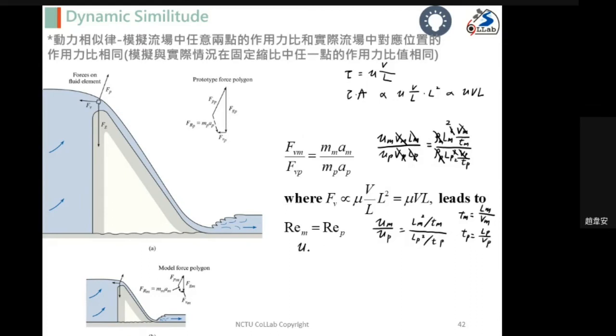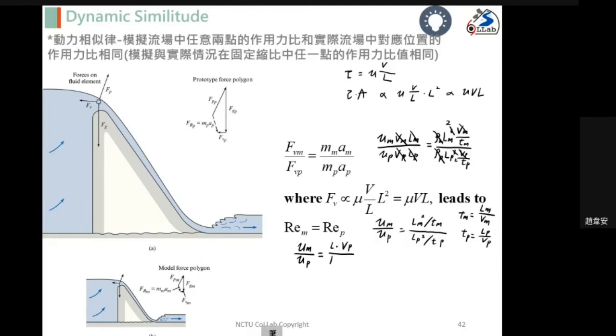So we know that mu m over mu p is equal to Lm multiplied by Vm on top, and Lp multiplied by Vp on the bottom.